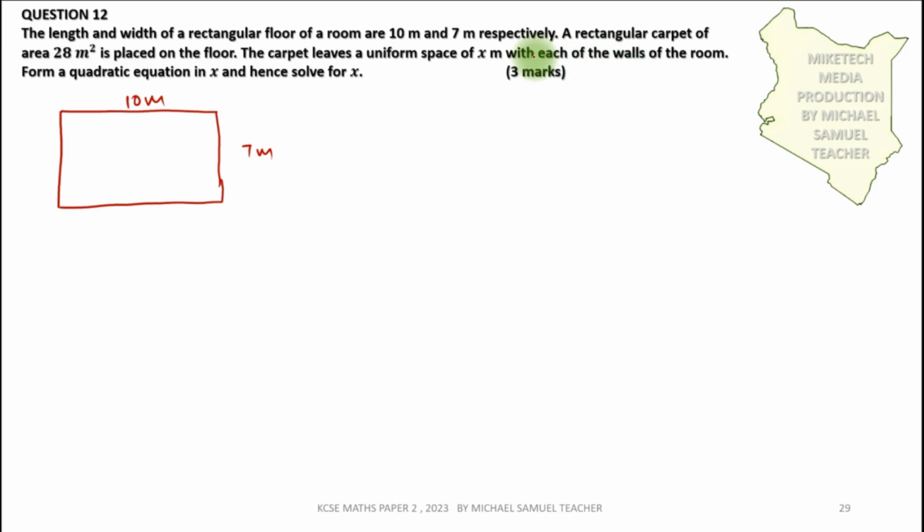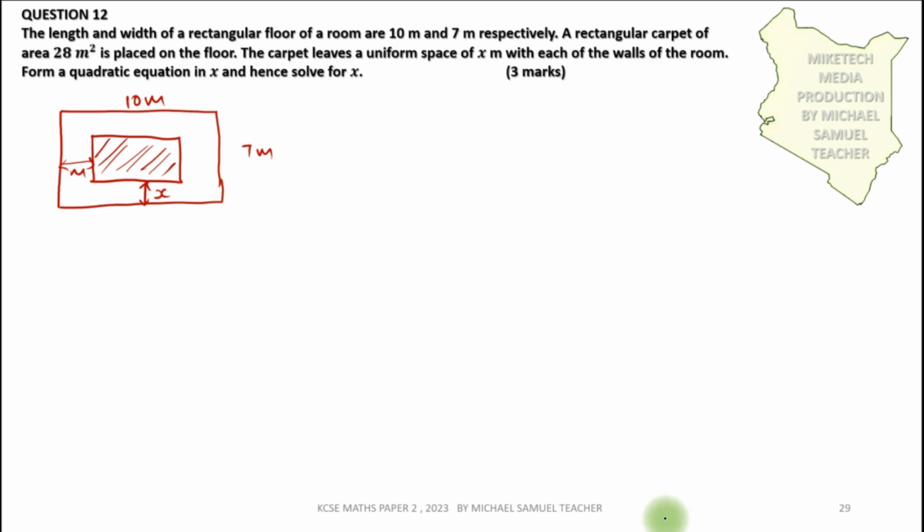Then there's a rectangular carpet, which is placed on the floor, and I've also been given the area of the rectangular carpet, and it will leave a uniform space of x meters around the wall. So what we require now is to form a quadratic equation in x, and then we solve for it.